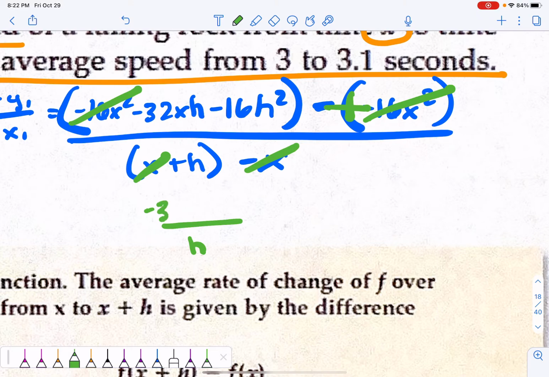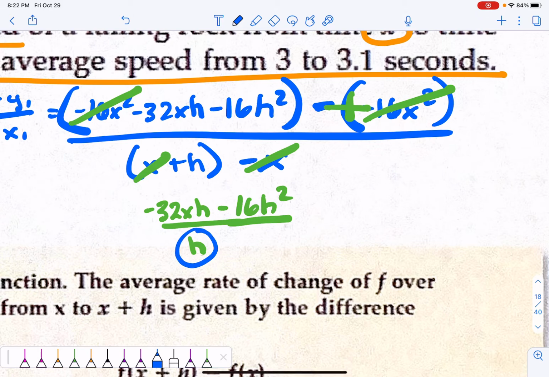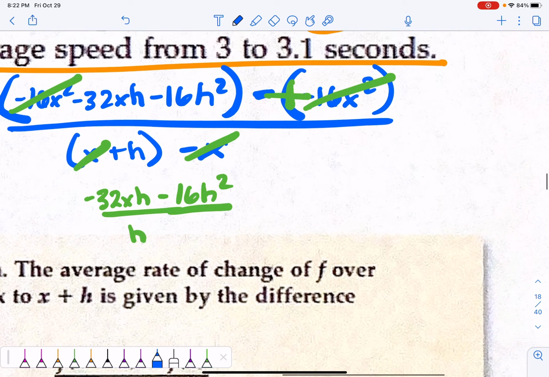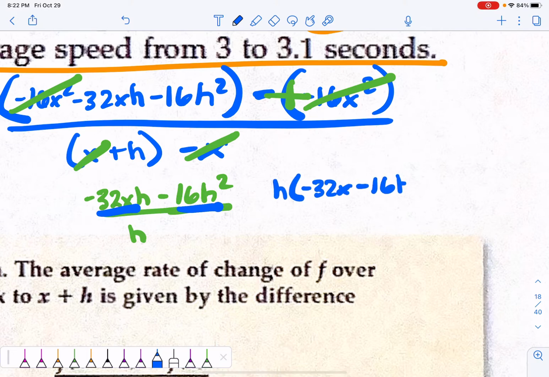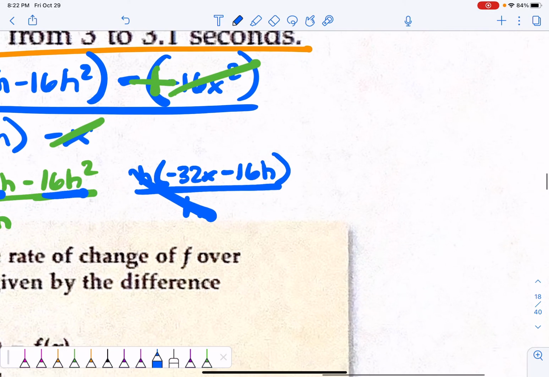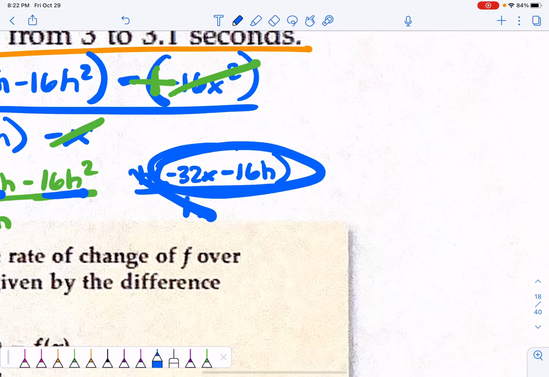Then I have negative 32xh minus 16h squared, and that's all that I have left over. But I have h on the bottom here, so I'm going to pull an h out of these two top pieces. So I've got h times negative 32x minus 16h, and then I can cross those two h's out. So this is all that I have left over.